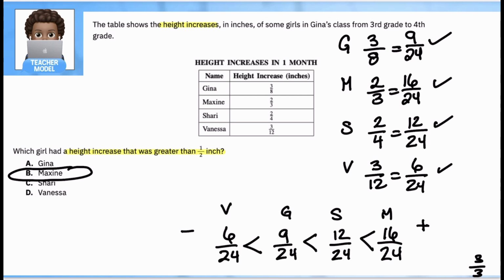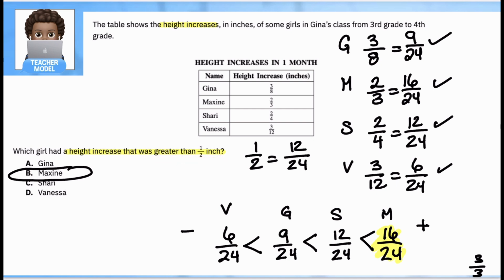But the question was, which one had a change in height greater than 1/2? So 1/2 is 12 over 24. The only one that had a height increase greater than 12 over 24 was Maxine's. I couldn't pick Sherry because that's exactly equal, and we want to know which one was greater.